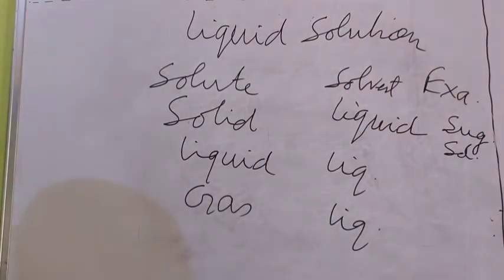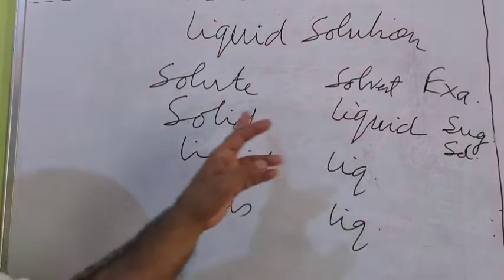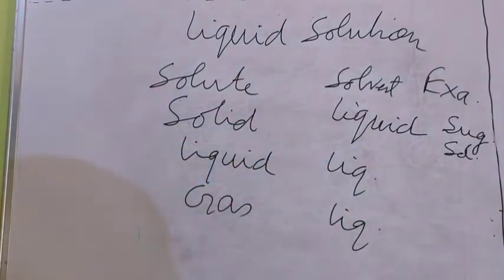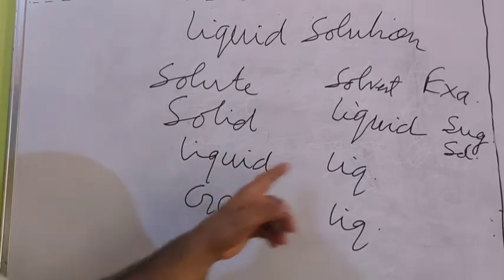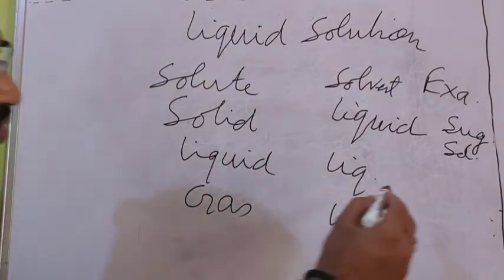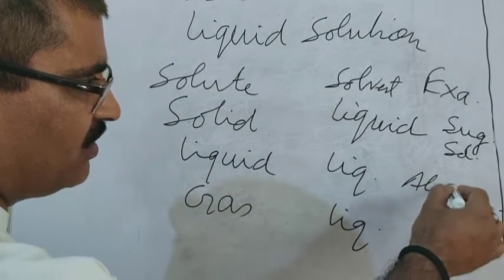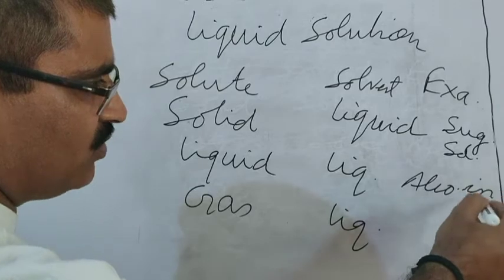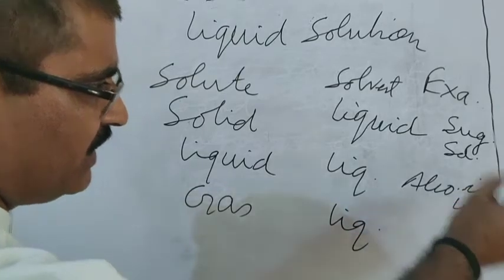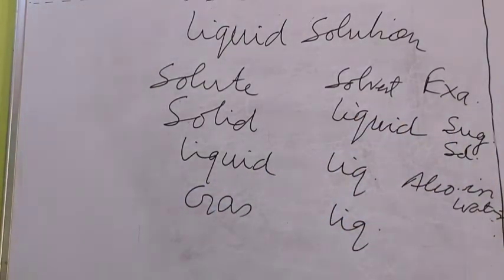So that is the example of solid in liquid, means sugar is dissolved in water or common salt is dissolved in water. Liquid in liquid, that is the alcohol. Ethanol, that is the alcohol in water. Alcohol solution, that is alcohol in water, that is the example of liquid in liquid. Or any miscible liquid, that is example of liquid in liquid.